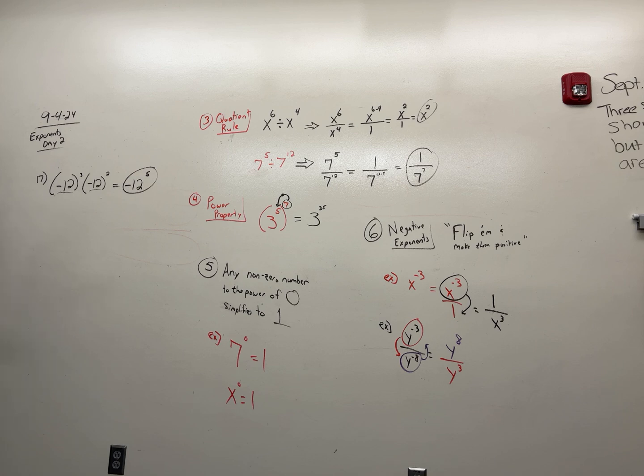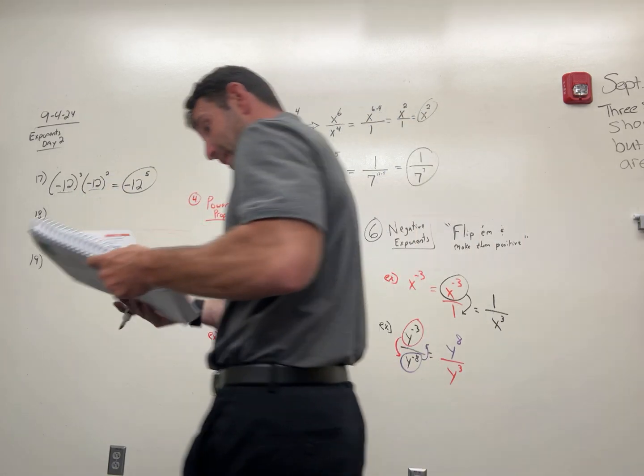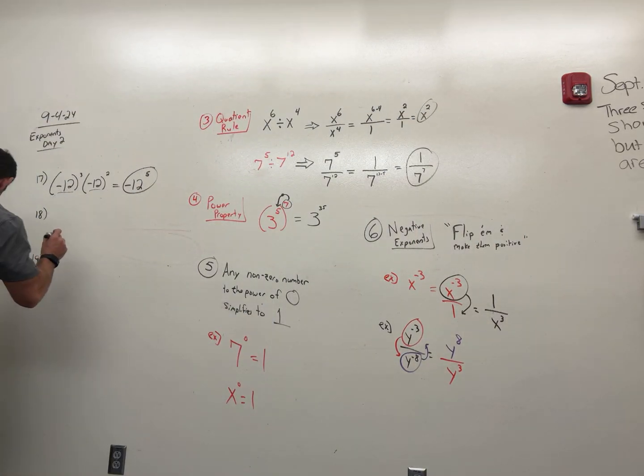Everybody with me? Okay, so we're working on these right now. We're going to do 2 at a time. So we're going to do number 18 and number 19 right now. I will give you 2 minutes to do these two. And if you finish them, we're going all the way up to 28.